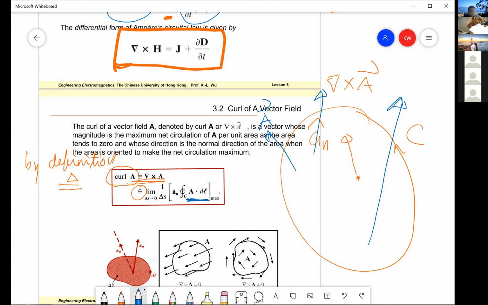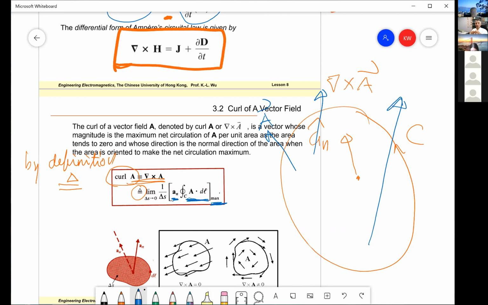How I determine the direction of the surface is by when the circulation reaches the maximum. Once the circulation reaches the maximum, I stop. This direction indicates the maximum circulation, which defines my direction, the normal n.